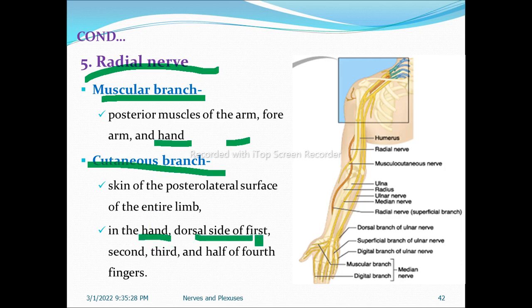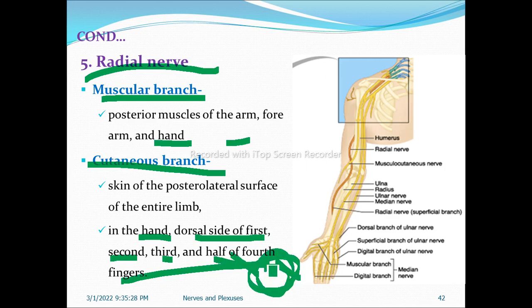In the hand, the dorsal side of the first, second, third and half of the fourth finger is supplied by the radial nerve.